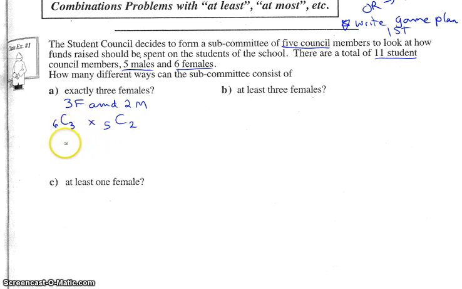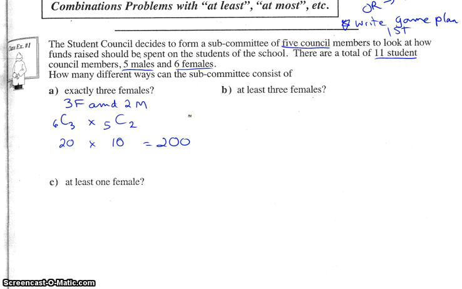If you work this out on your calculator, the first one would be 20 and the second one would be 10, and therefore that equals 200 different subcommittees with 3 females.